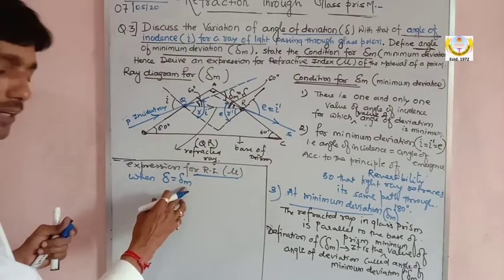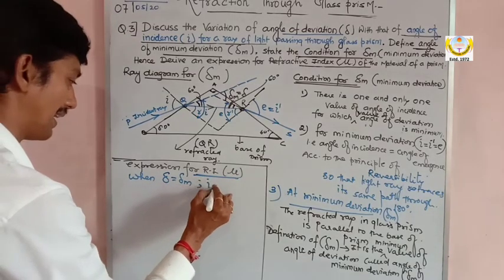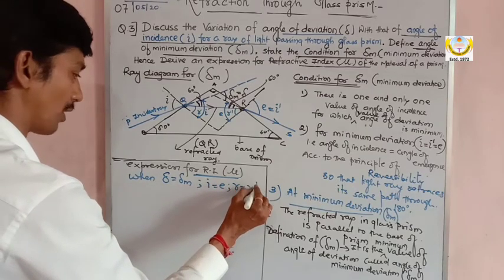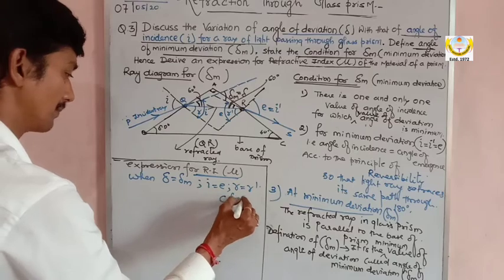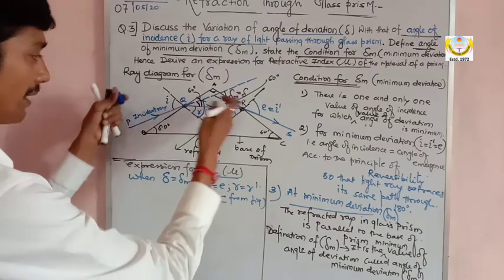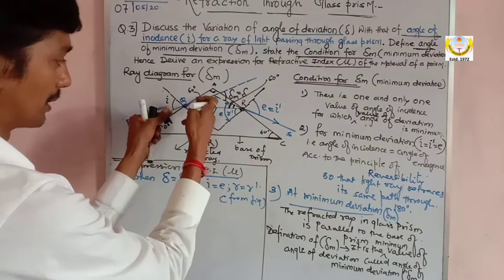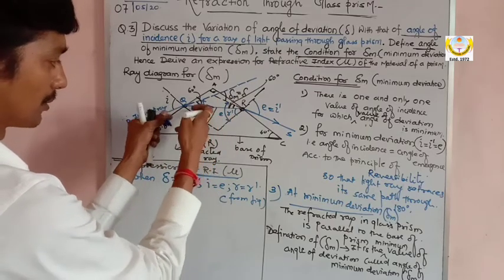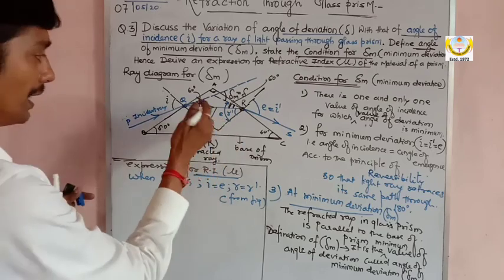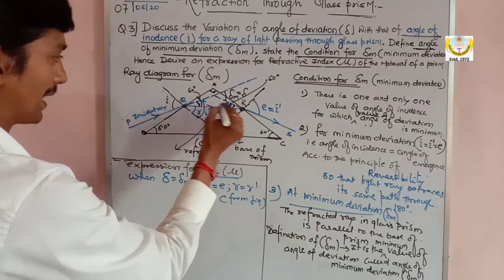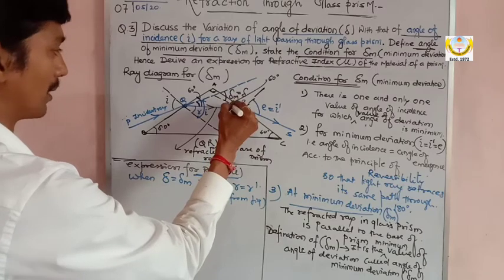When delta is equal to delta m, my dear, I and E are equal, and R and R dash are also equal from the figure. From the geometry figure I have explained: if I and E are equal, then R and R dash will also be equal, because here it is I and here it is E, both are equal. So this angle is also equal. Even this entire angle and this entire angle become equal, my dear.